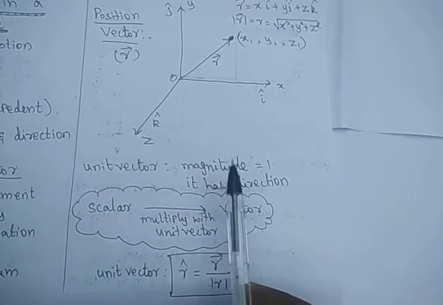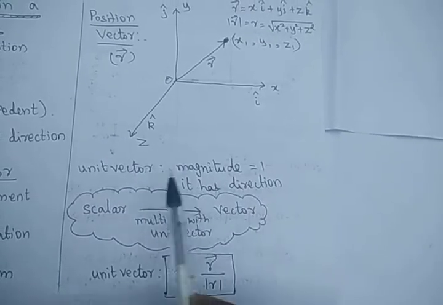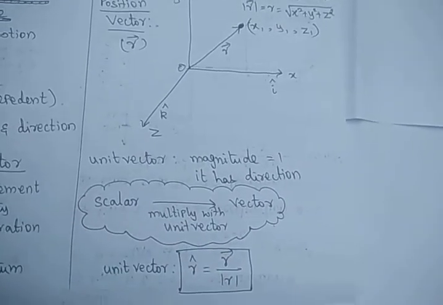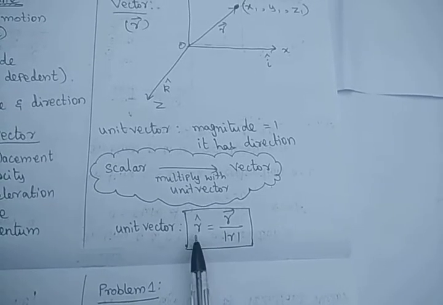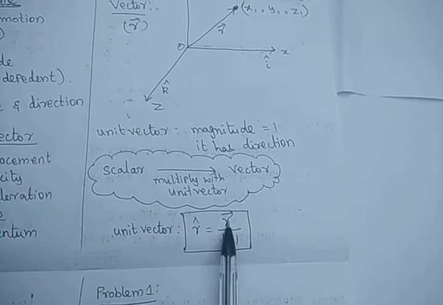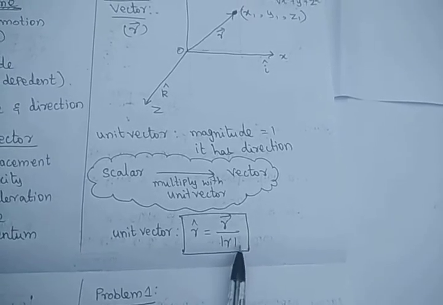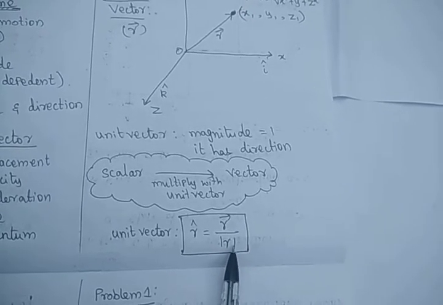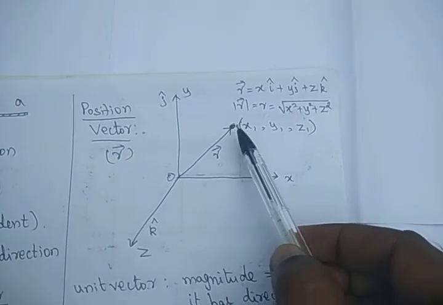Unit means 1. A vector which has magnitude 1 and a direction is called a unit vector. We write the unit vector as r cap, which is r vector divided by modulus of r. I will explain the modulus clearly later.